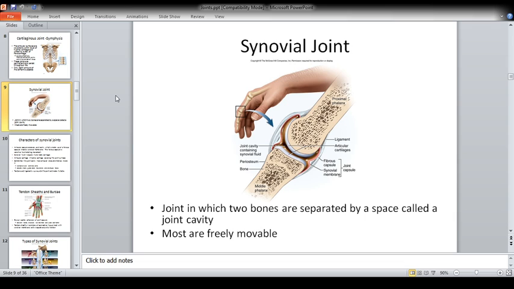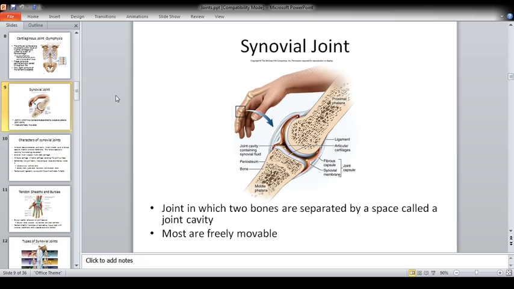So it is especially for the newcomers, and this time we are going into more detail because we've studied so many systems, and by now you must know some terminology that goes behind the scene as well as some other things, so you may be able to better understand this now. So let's start with the synovial joint.